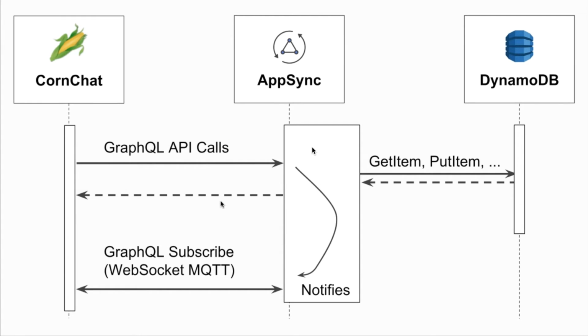How do subscriptions work? So at the top here we have CornChat invoking AppSync with GraphQL API calls, right? This is just saying, get me some items, maybe I'm mutating it, I'm saying go and add some reactions, remove tags, add tags. And in parallel, CornChat in the browser opens up a WebSocket connection using the MQTT protocol. And it's like a dedicated line to AppSync.